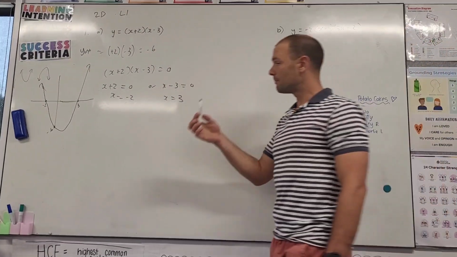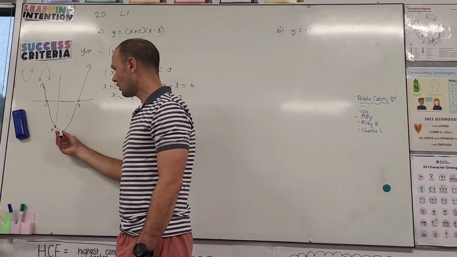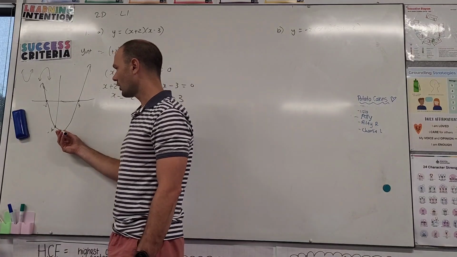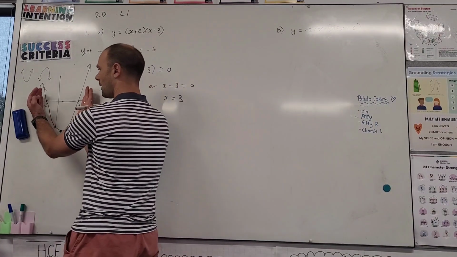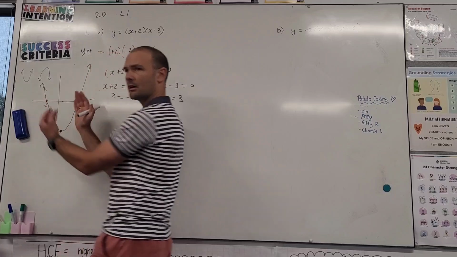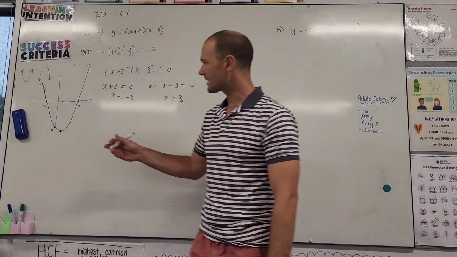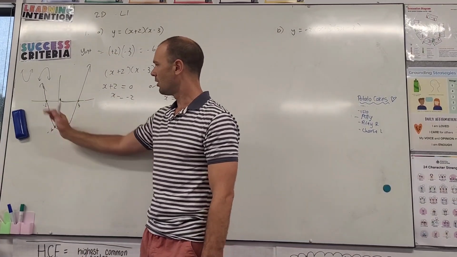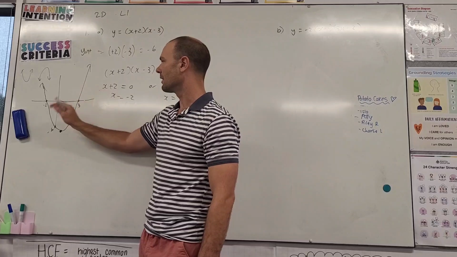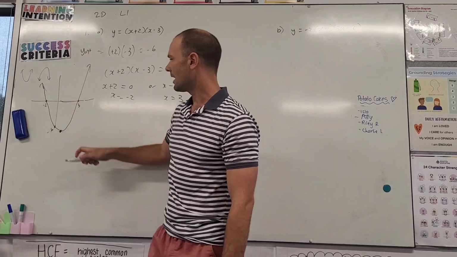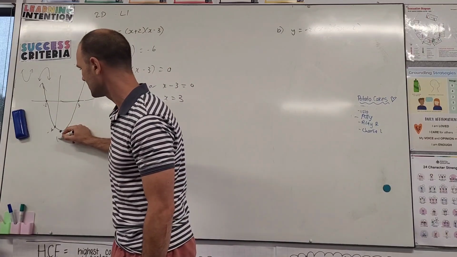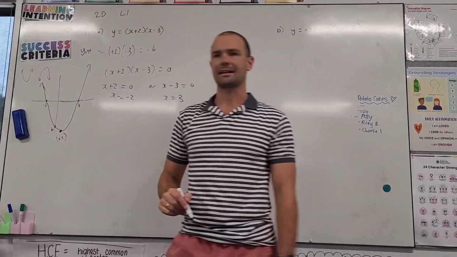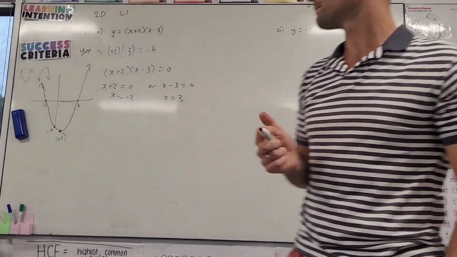Now the minimum point here, that's always going to occur halfway between the x-intercepts. Alright, the minimum point or the maximum point, what we call the vertex, is always halfway between there. So between minus 2 and positive 3, that's going to be x is 0.5 on your axes or on your grid paper.